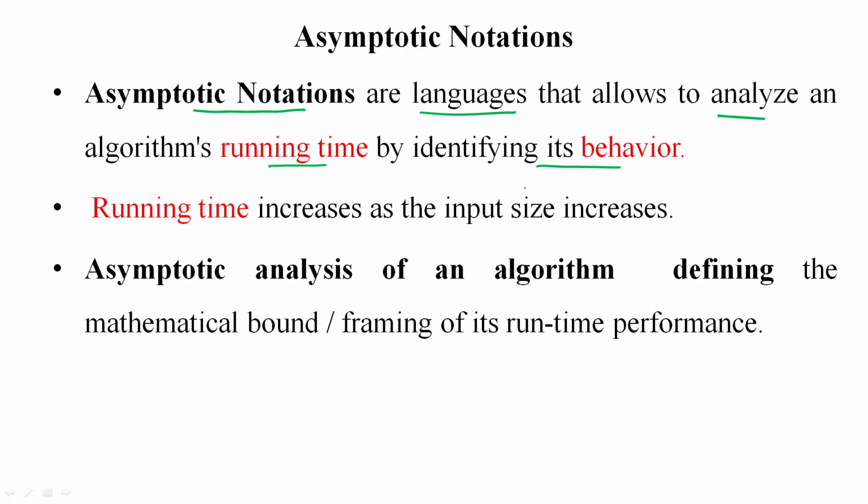So asymptotic notations are symbols assumed as a language used by software developers to measure the performance of an algorithm by identifying its behavior. Here the running time increases with the size of input, and the algorithm's performance is analyzed by defining the mathematical bound of its runtime performance.